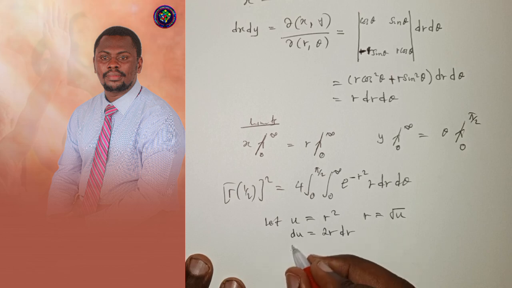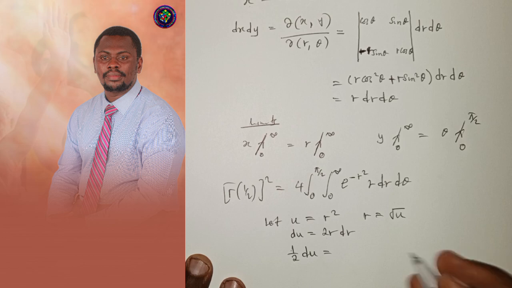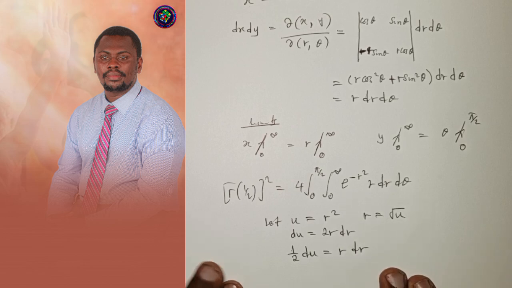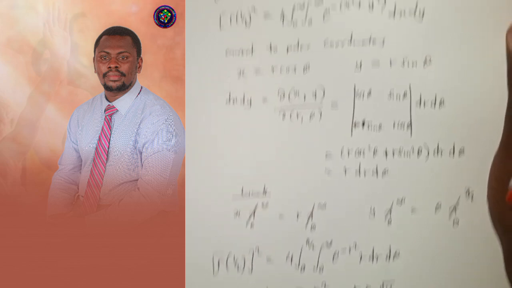So we are going to have 1 over 2 du is equal to r dr. So where there is r dr, we are going to put 1 over 2 du. Okay, and where there is r squared, we put a u, and the limits will be maintained.